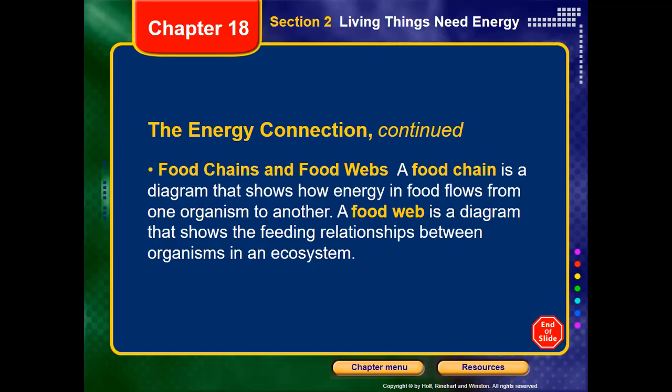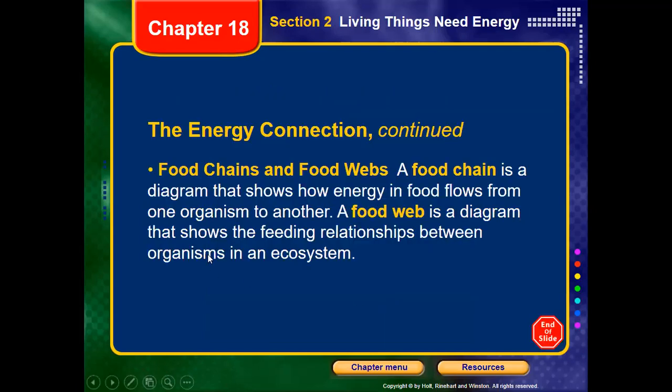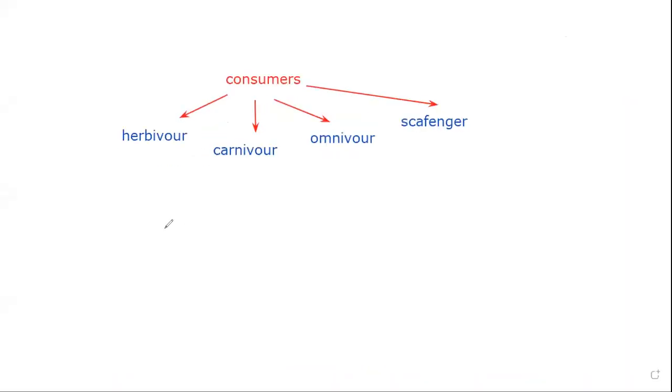So as we watch any food chain, let's take an example here. In a food chain, as in the example which we said, let's draw it. We start with the producer, or plant.